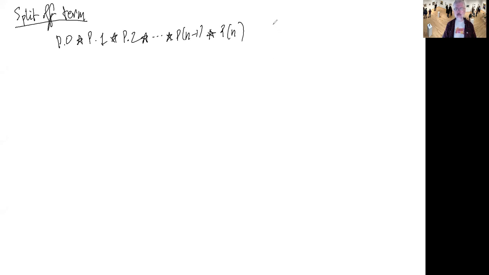This is going to be written more nicely: the quantifier star over i, 0 at most i less than n plus 1, P of i. So we'll have P0, P1, P2 up to Pn. So i is greater than or equal to 0, so we'll start at 0. We'll go up to n, but not n plus 1. So we'll end here, and we'll compute all these Pi and collect them together with stars.